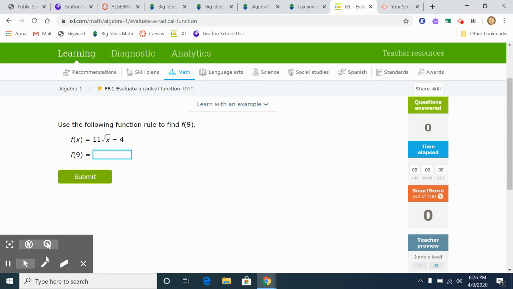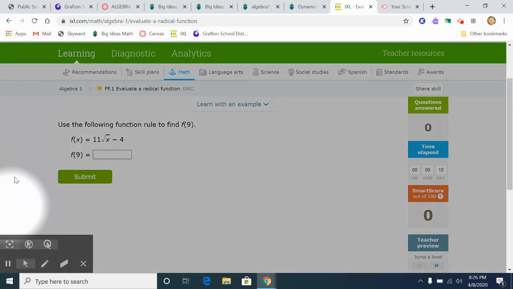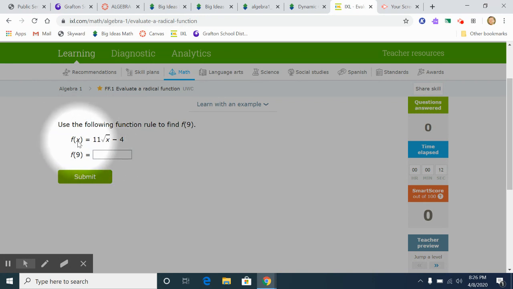Here's what they're saying. We did functions like this. This is called function notation. Remember, if they write it like this, as f of x equals something, that's called function notation. What they're asking us to do is plug in 9 for x, and evaluate this function. What is the answer when x equals 9?